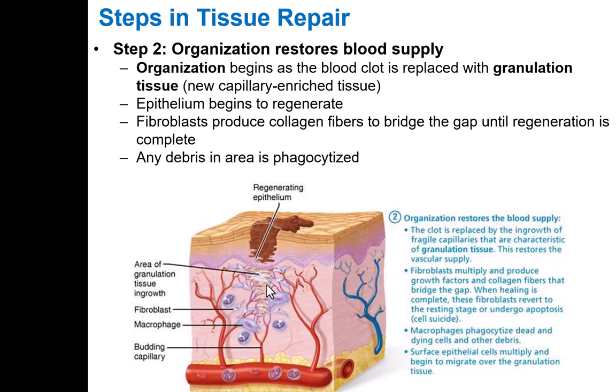If you're talking about epithelial tissue, that is going to start to regenerate. It's a very mitotically active tissue, and we just fill it in with new epithelial cells. If you're talking about connective tissue or something else, fibroblasts will release collagen fibers to fill in the gap. If there's any debris, phagocytes will come in and take that debris away.